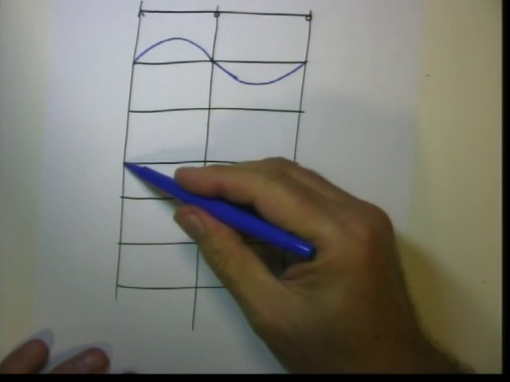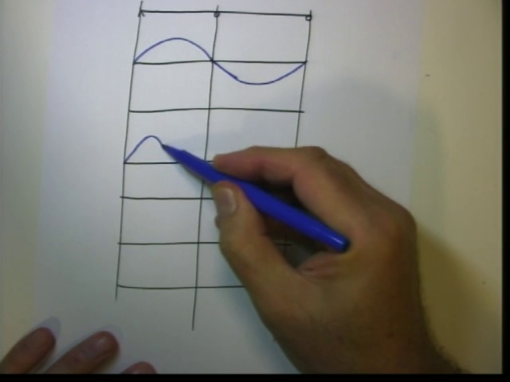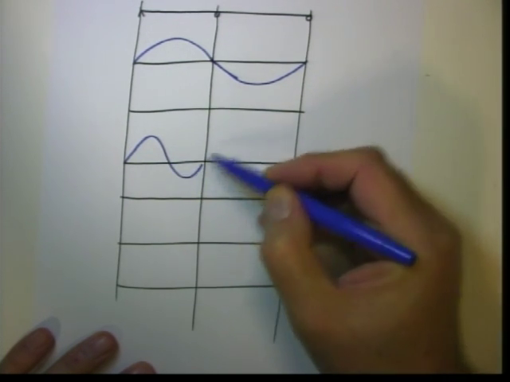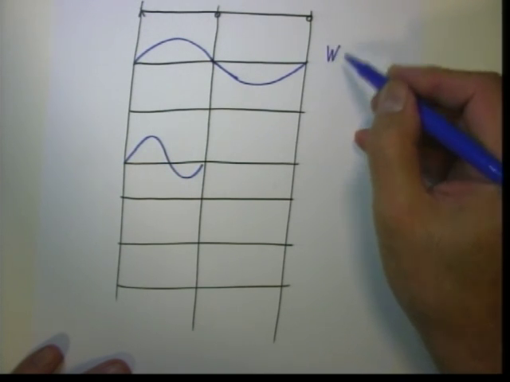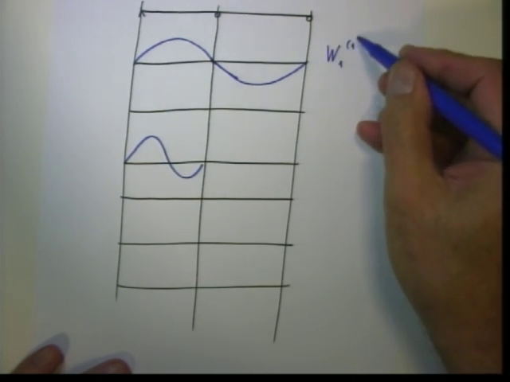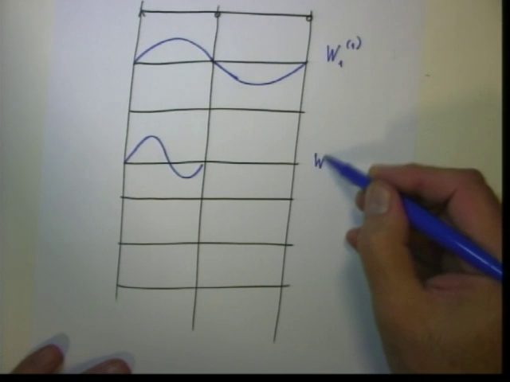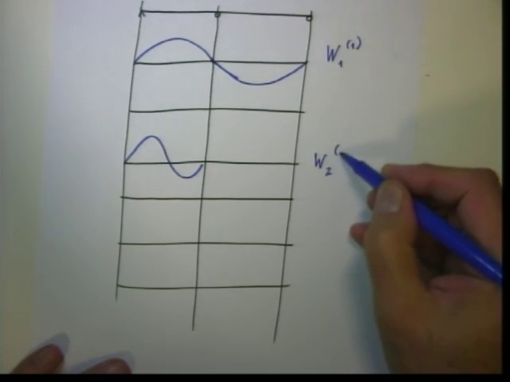Okay, now that is a second mode. Sorry. That is a first mode, W1, in the first series. So that is W2 in the first series.